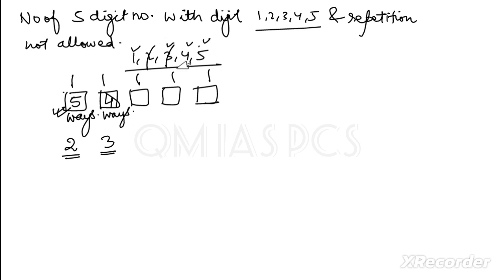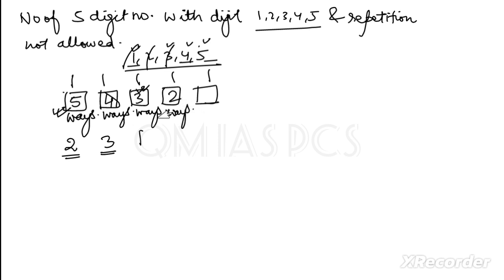Now how many digits are left? 1 2 3. For this place 3 digits are left, so 3 ways are there. We are taking another one for this place. Now we are left with only 2 digits, that is 4 and 5, so we have 2 ways to fill this place.